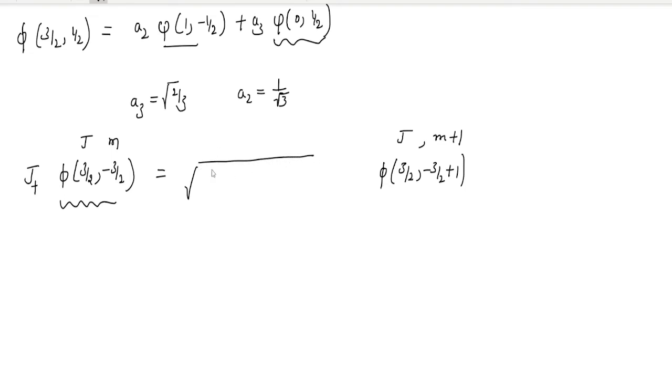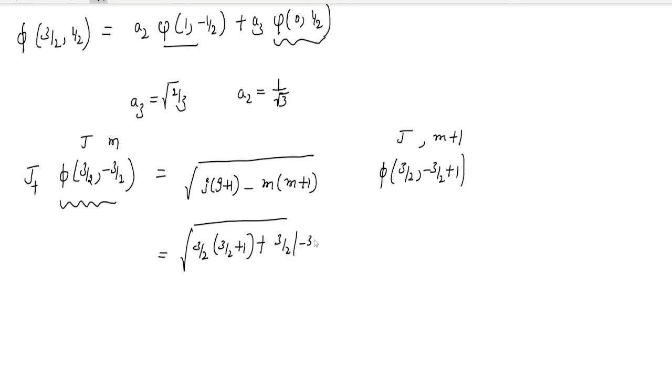We know the j plus operator eigenvalue is root of j into j plus 1 minus m into m plus 1. So j is equal to 3 divided by 2, 3 divided by 2 plus 1, and m is equal to minus 3 divided by 2, minus 3 divided by 2 plus 1. So this wave function psi is equal to 3 divided by 2 minus 1 divided by 2.